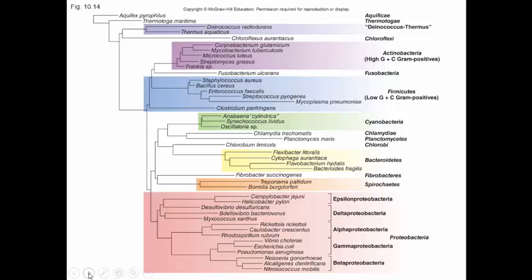For example, if you look where the yellow is, where it says Flexibacteria, Cytophagia, Flavobacterium, Bacteroides fragilis, you can see where some of them had a common ancestor and they diverged because they started having some mutations, etc.